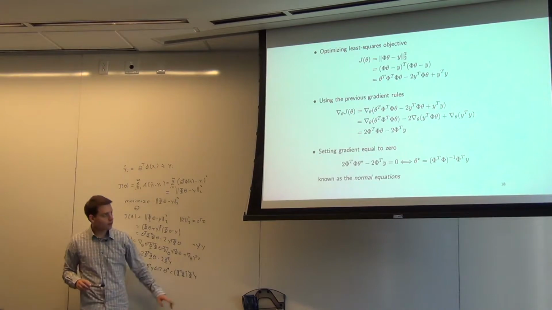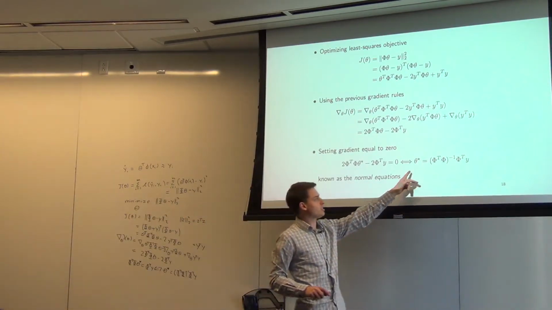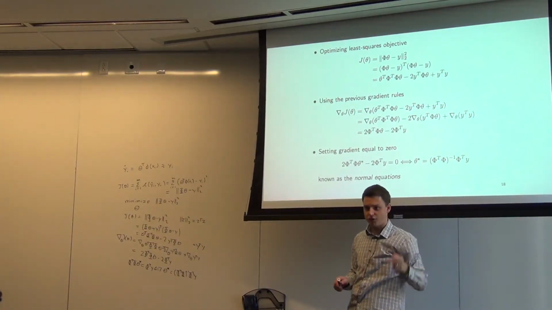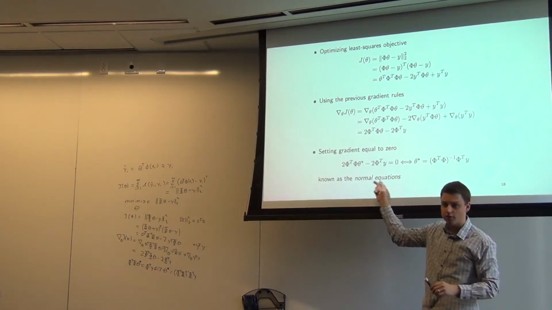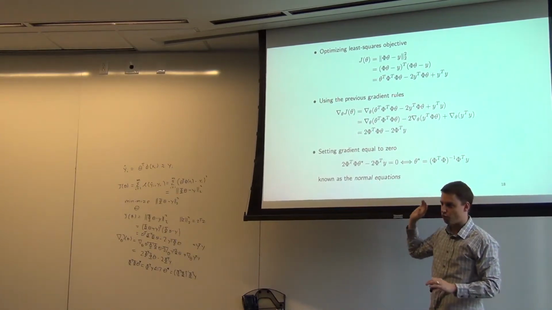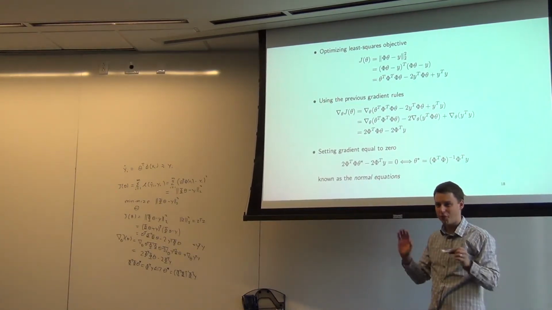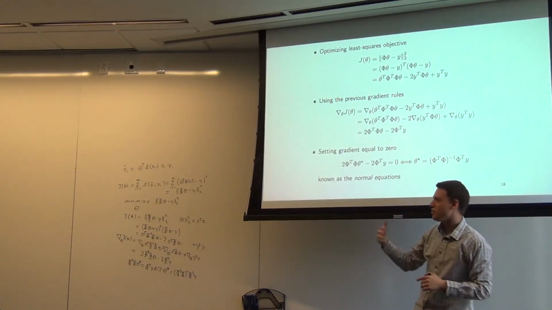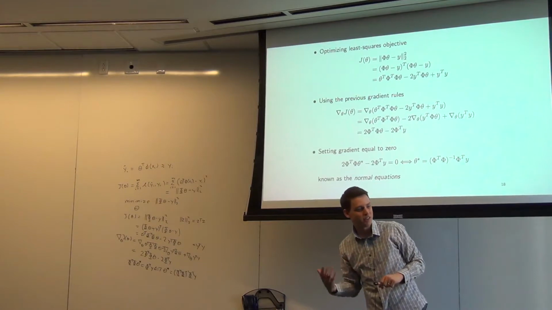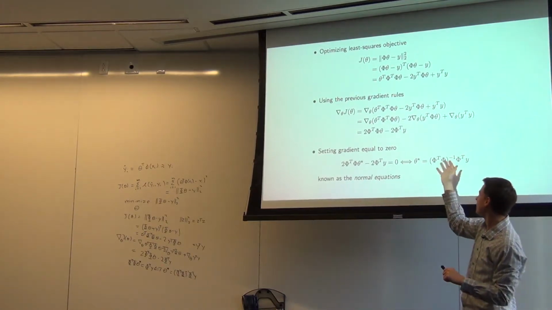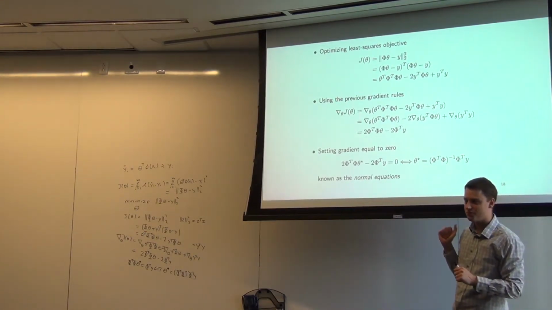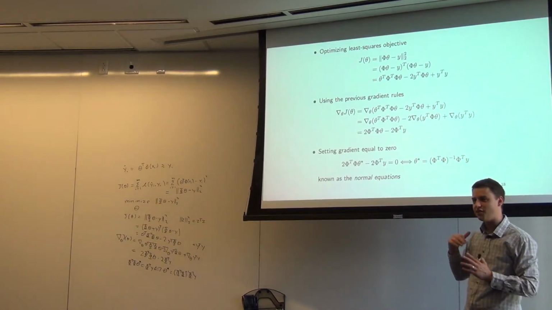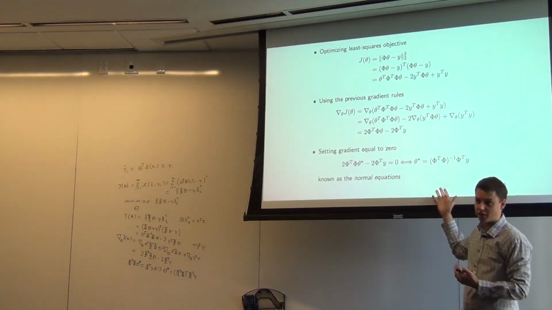This expression here is actually so common that there's a special name for it. It's called the normal equations. It's one of the most standard uses of linear algebra to compute a least squares solution like this. And in fact, there are lots of different ways of deriving this exact same thing.